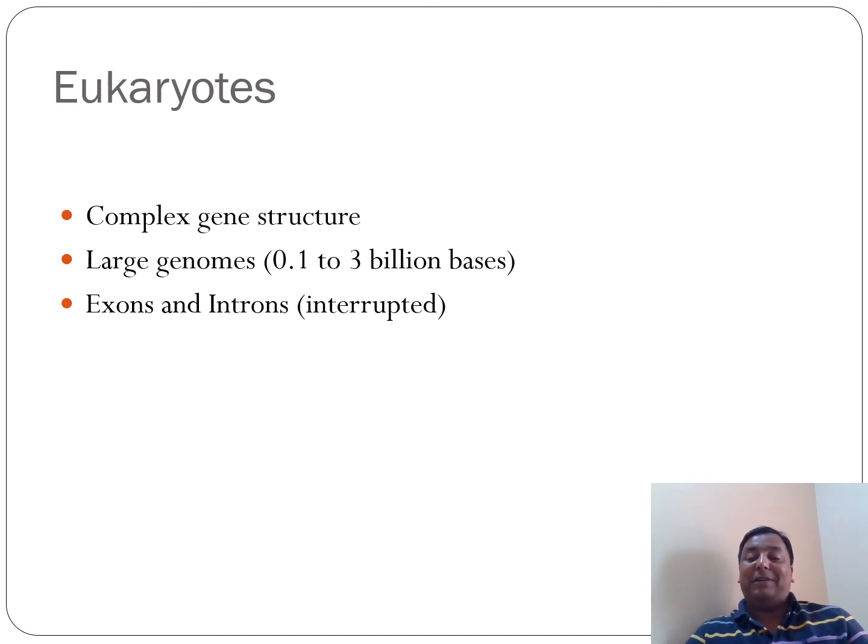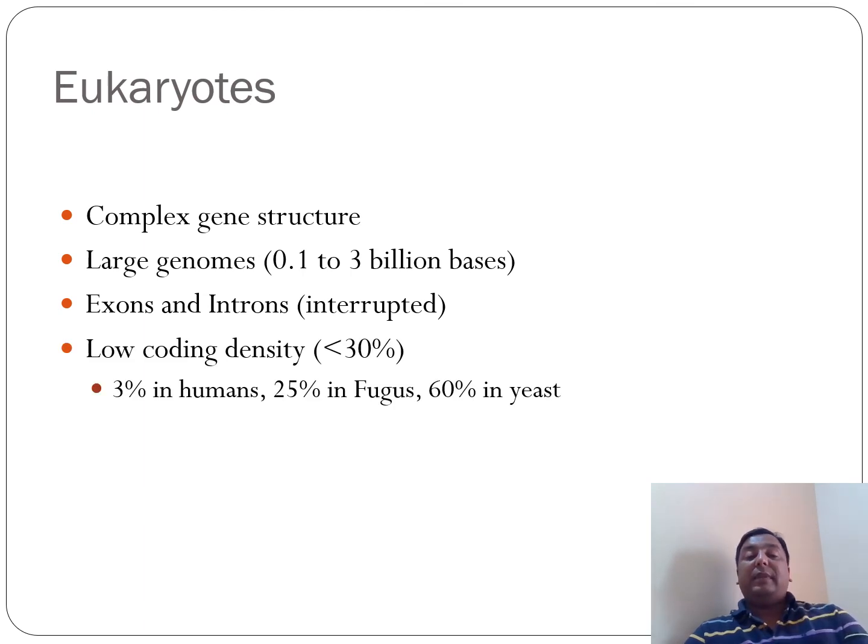Exons and introns are there. Exons only code for amino acids. Introns will be spliced, right? And low coding densities are there. Low coding density because of the introns, less than 30%.